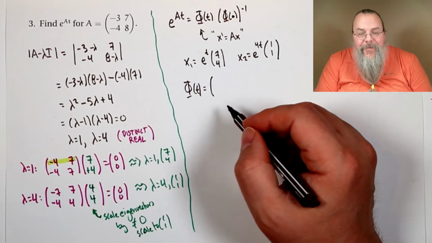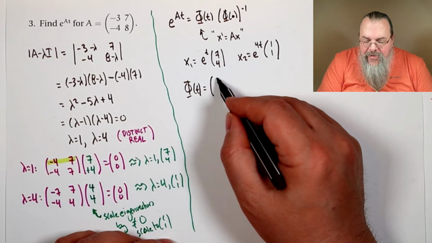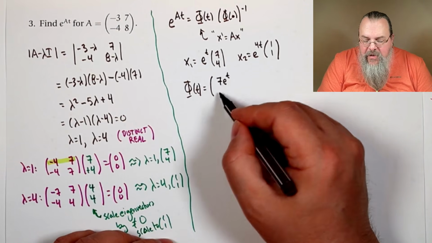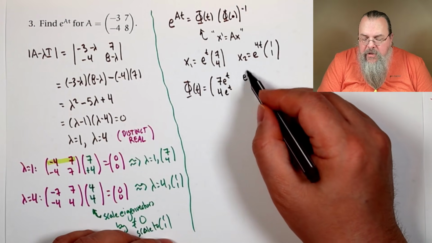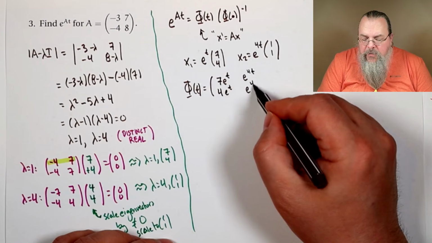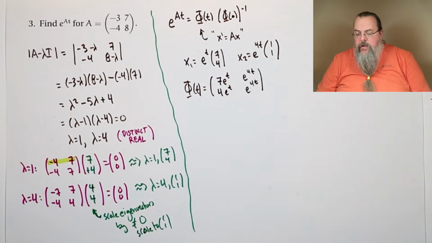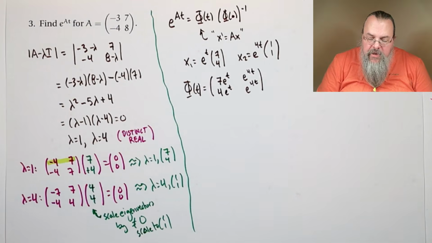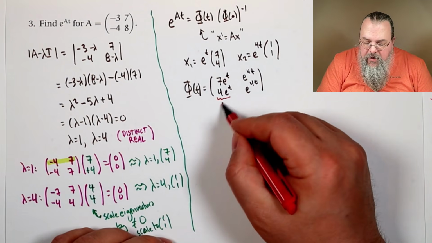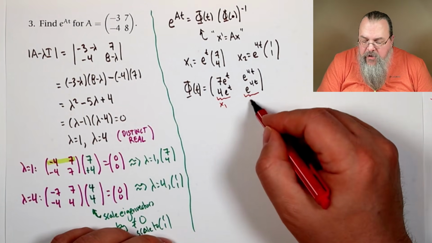So we have 7 e to the t, 4 e to the t, and then we have e to the 4t, e to the 4t. And just as a reminder of where things are coming from, this is our x1, this is our x2.